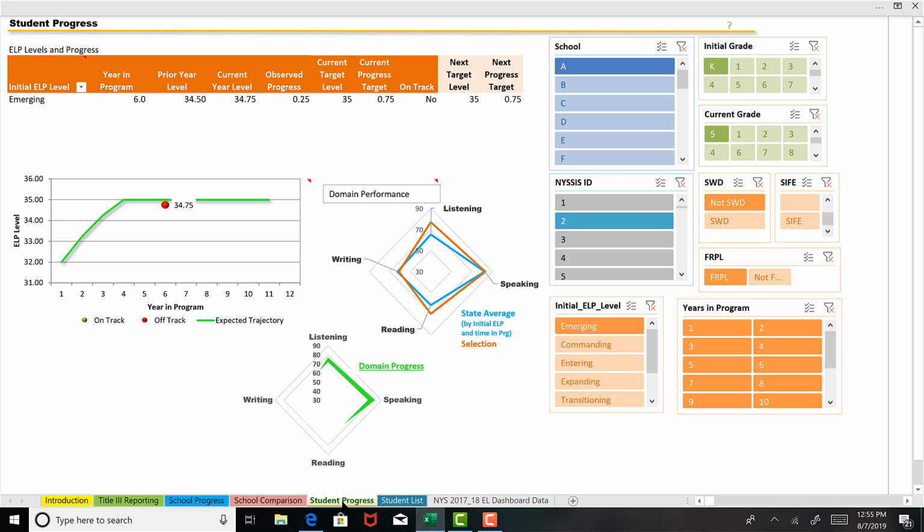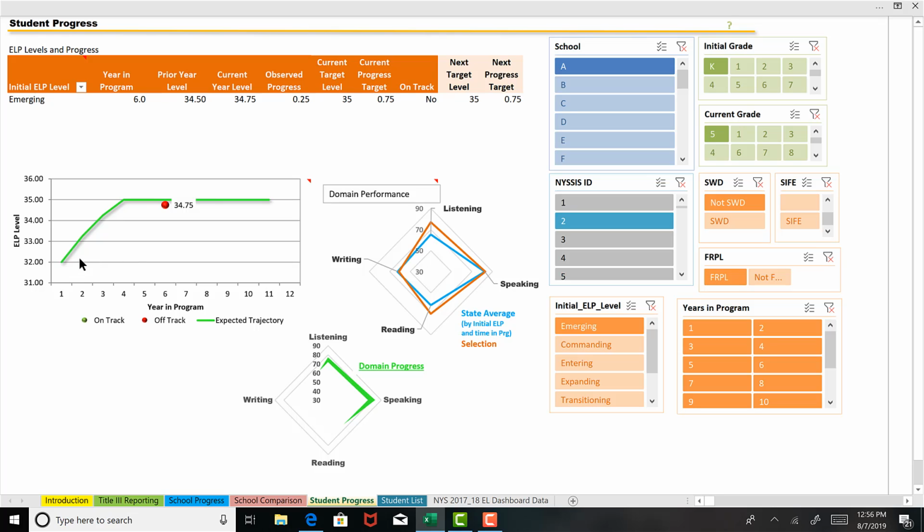Moving from school progress to individual student progress, this page is really designed for looking at individual students, although some of the graphs on this page are amenable for using in aggregate for looking at groups of students. But focusing first on individual students, you can see the top left point of this page provides for the selected student, here student 2, where they started, how long they've been in the program, whether they've made progress, whether they're on track, what their targets are, and so forth.